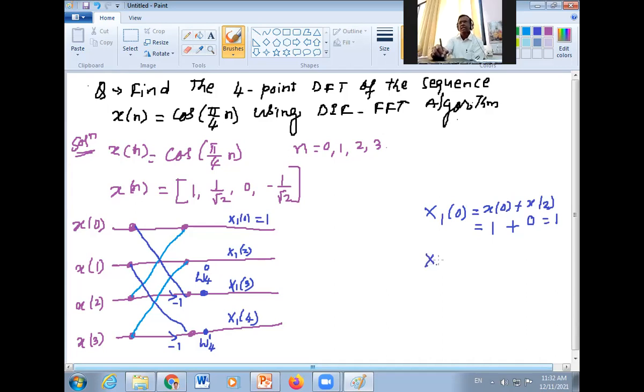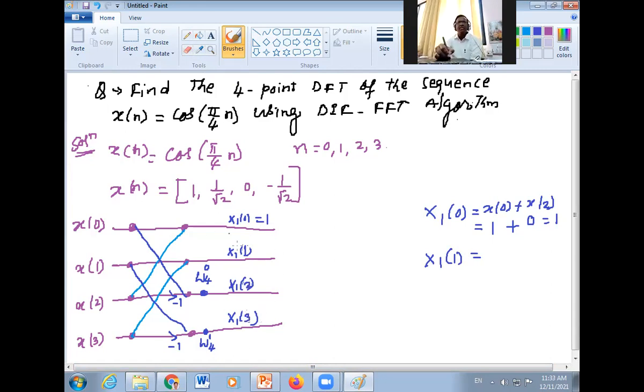Then similarly x1 of 1. Let me just change the labels here: the inputs are 0, 1, 2, and 3.